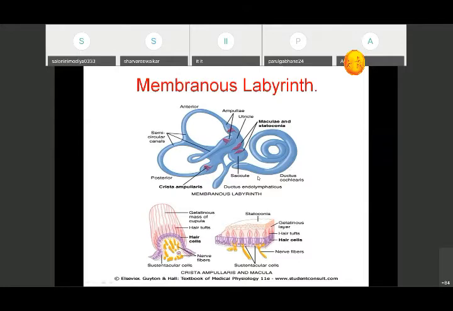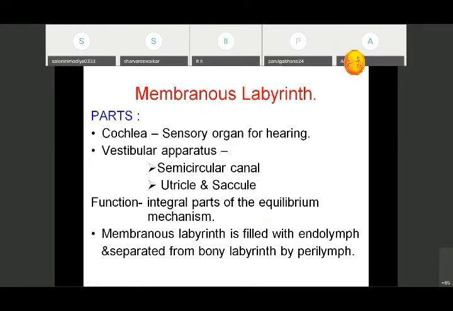The cochlea is mainly a sensory organ for hearing, whereas the vestibular apparatus, consisting of semicircular canals, utricle and saccule, mainly helps in the equilibrium mechanism. So it forms an integral part of the equilibrium mechanism. The membranous labyrinth is filled with a fluid called endolymph, and it is separated from the bony labyrinth by perilymph.